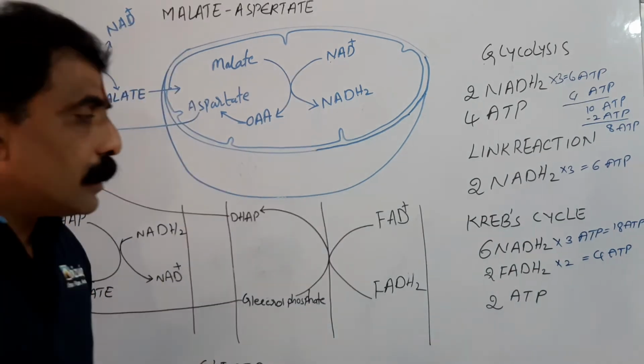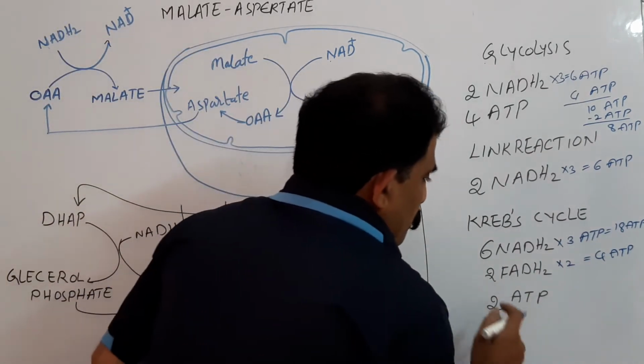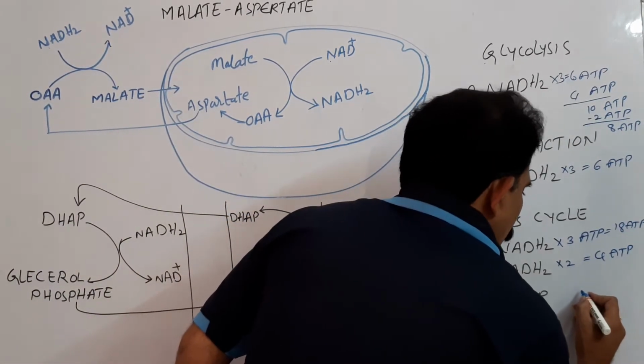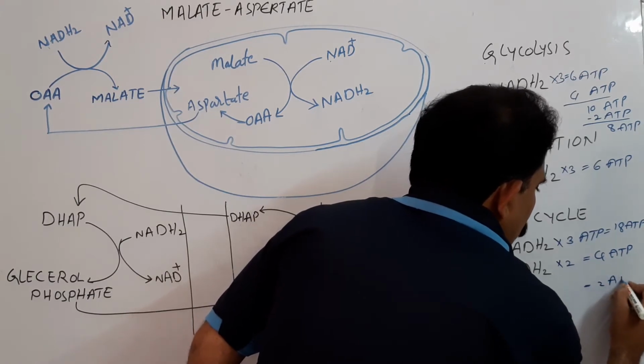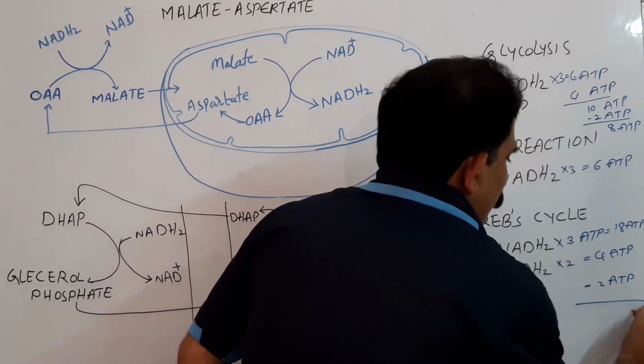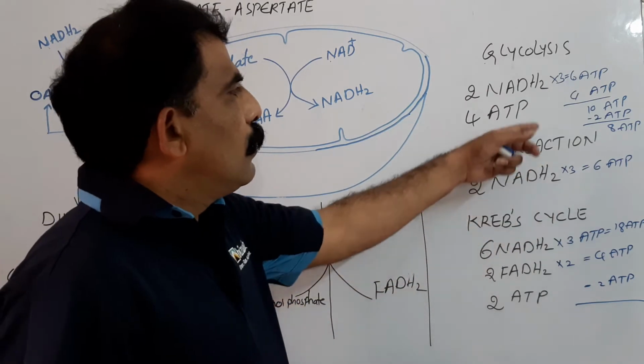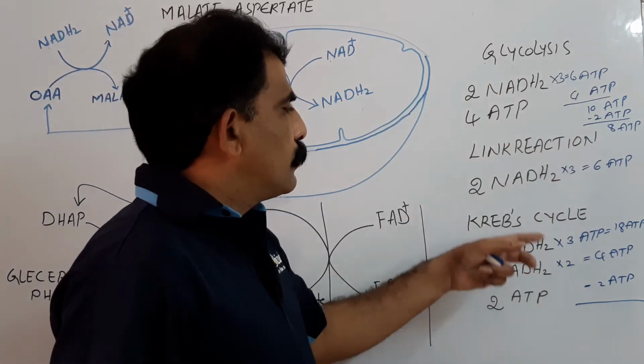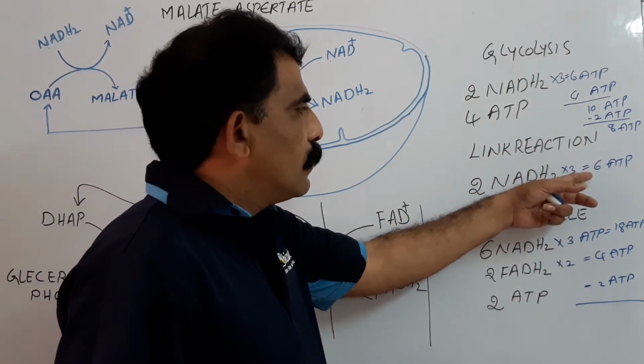And in the Krebs cycle, through substrate level phosphorylation, 2 ATPs are formed. Together, in glycolysis, 8. In the connecting link, 6.